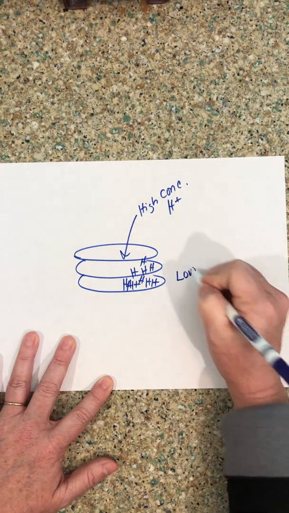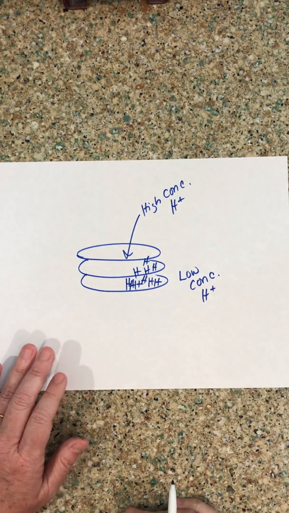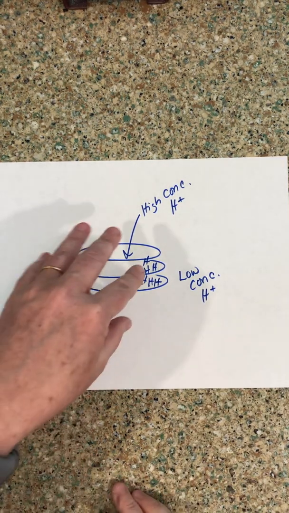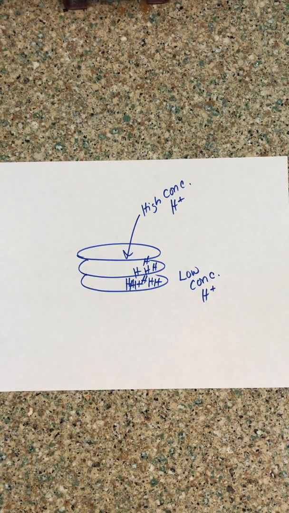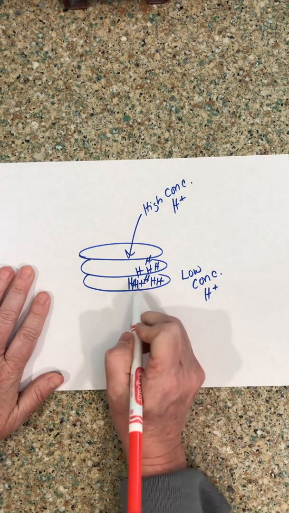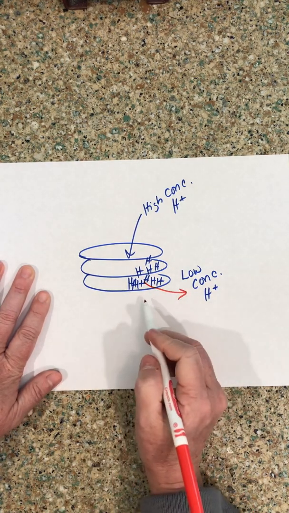Outside is low concentration of hydrogen. What do things naturally do when they're really crowded and they're highly concentrated? Which way do they like to flow? They go from high to low. So they're going to naturally diffuse out.